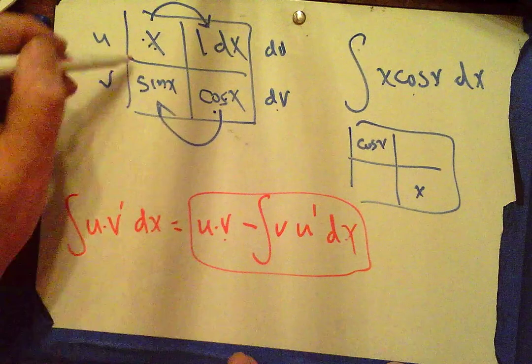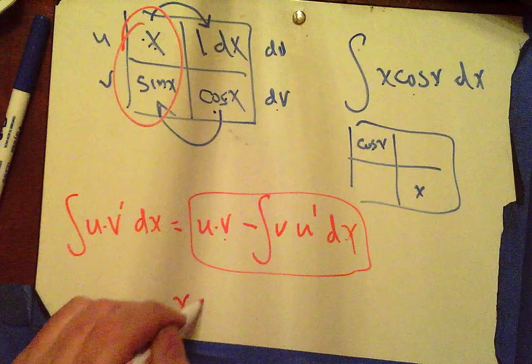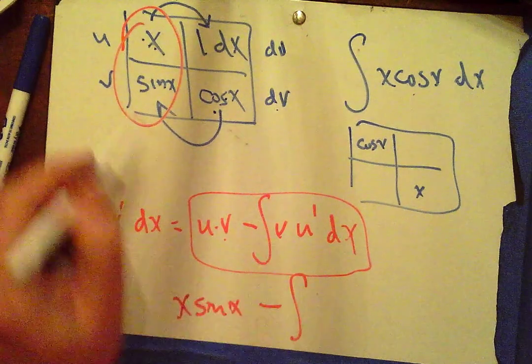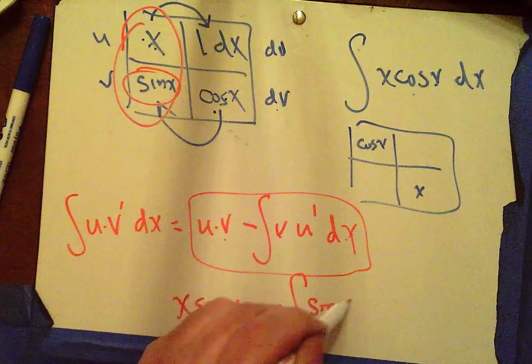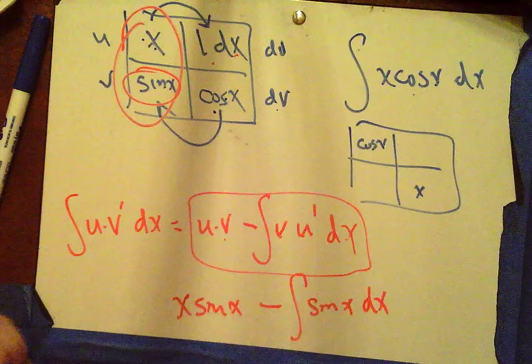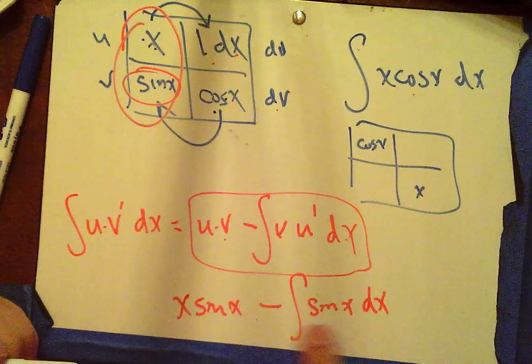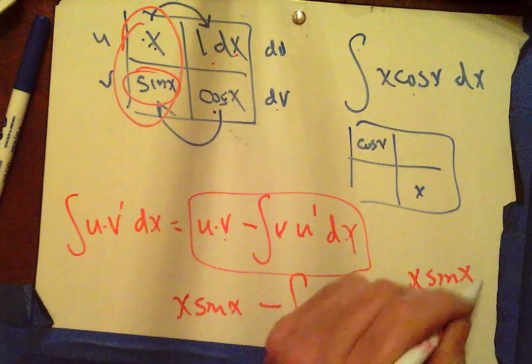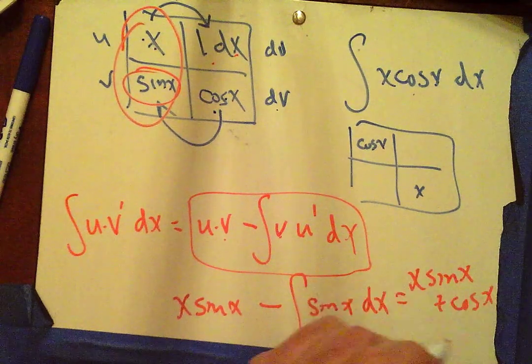U times v, that's multiplying these together, minus the integral of v u prime. U prime is 1 dx. The antiderivative of negative sine, well, that's going to be positive cosine. And don't forget the plus c.